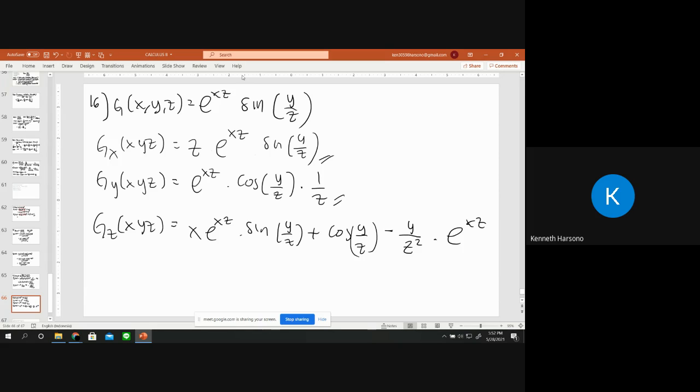Okay, so we got the answer of e power of x times Y over C minus Y over C squared times cos. Okay, this is the answer. We have to derive with respect to x, y, and c. Okay. Have any question about this one?